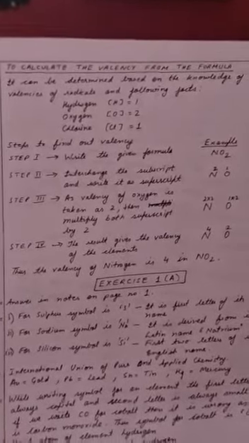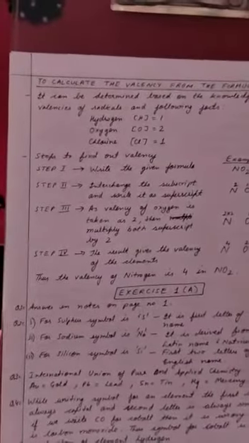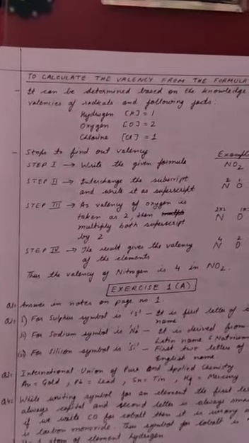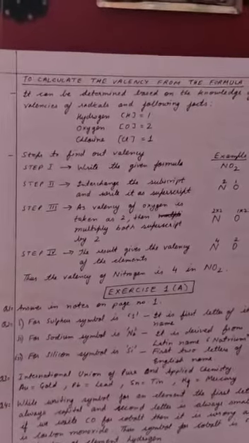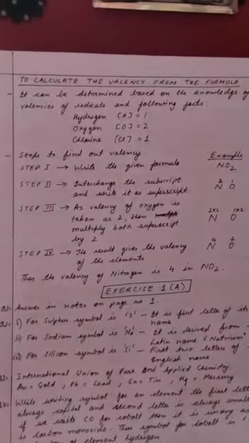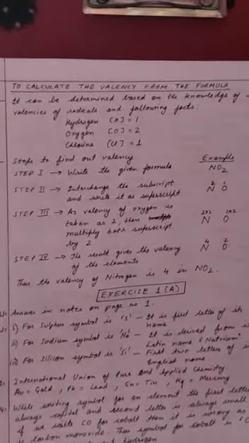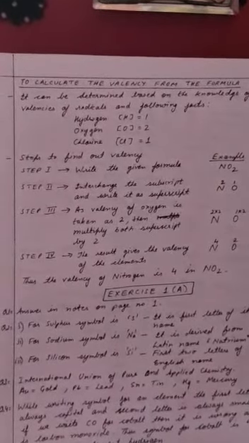So we have to multiply both the superscripts by 2. By doing so, nitrogen gets superscript 4 and oxygen gets superscript 2.